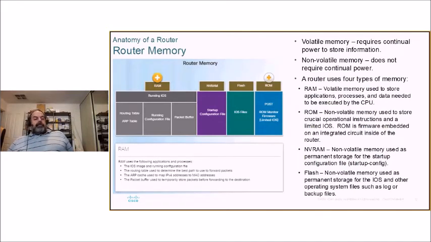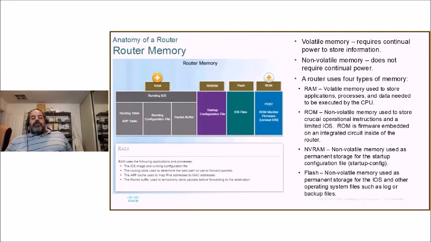Volatile memory. Routers, of course, need to store stuff, some of it temporarily, some of it permanently, so there are different types of storage on the router. Volatile memory, or RAM, is exactly the same as RAM in a computer, and it's used for working with data at the time. Then you have non-volatile memory, which means if the power goes out, it will still remember the stuff.